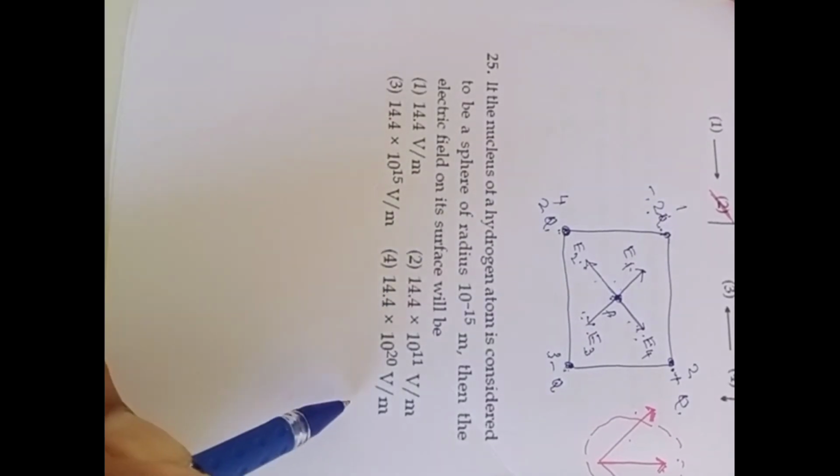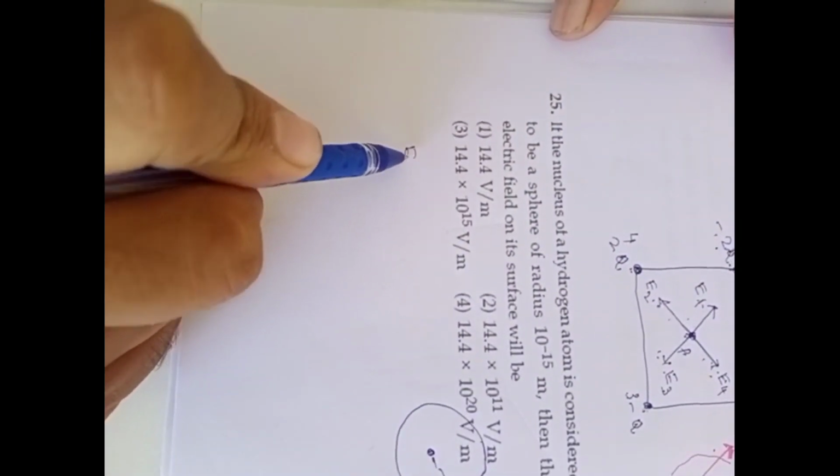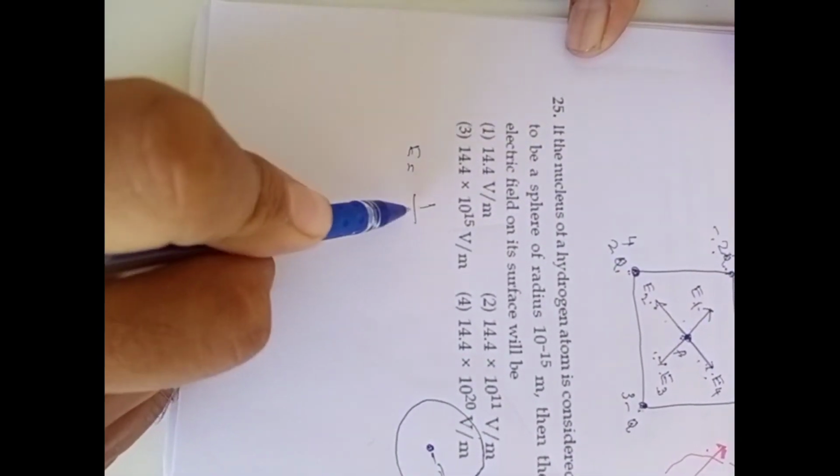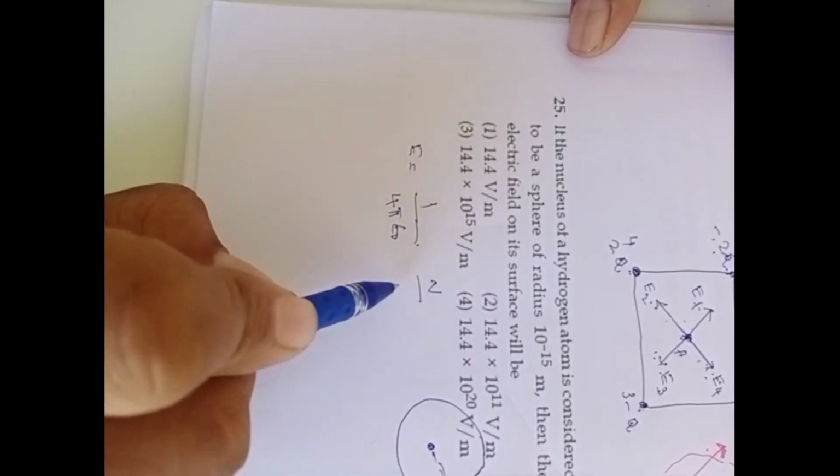So the question is, there is a charge. This is the nucleus. Here, what is the field on the surface? It is nothing but spherical shaped. For a sphere on the surface, field will be equal to 1 by 4 pi epsilon naught q by r square.